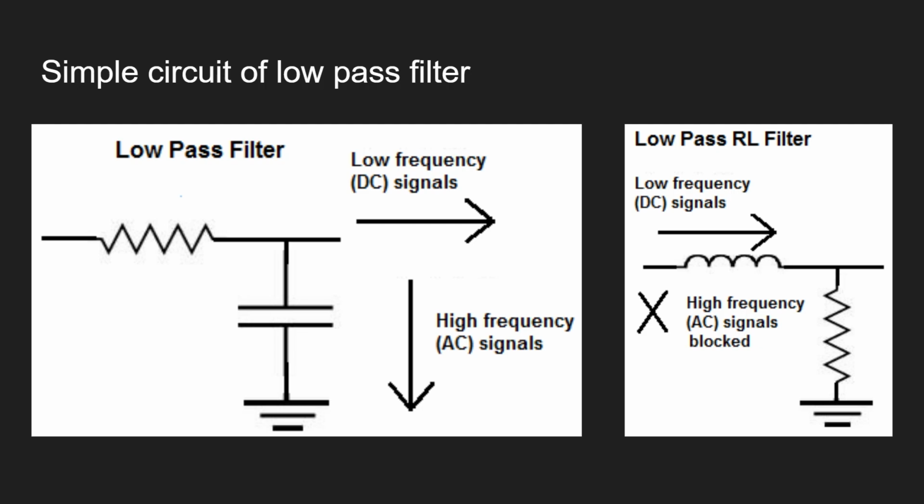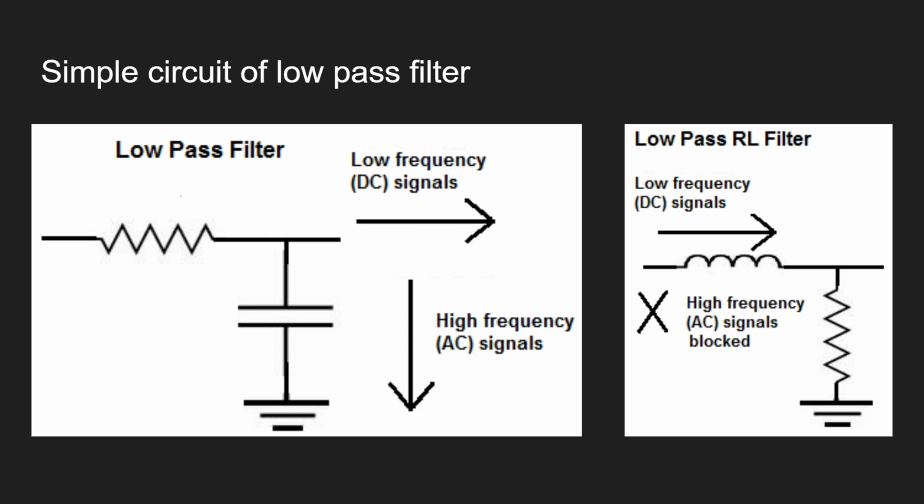I'll explain it now. How about for inductance? Inductance, the formula is what? The formula is XL. Can you see it? 2 pi FL, right? So when F increases, XL increases.